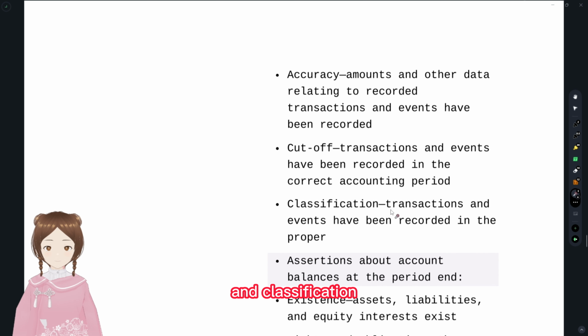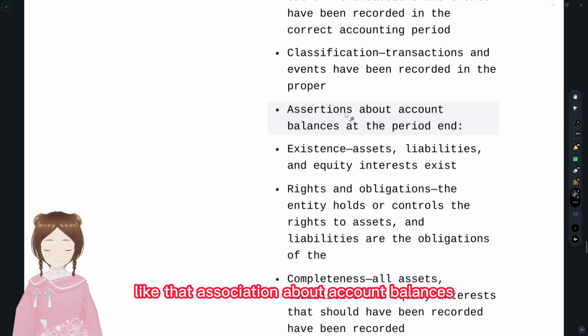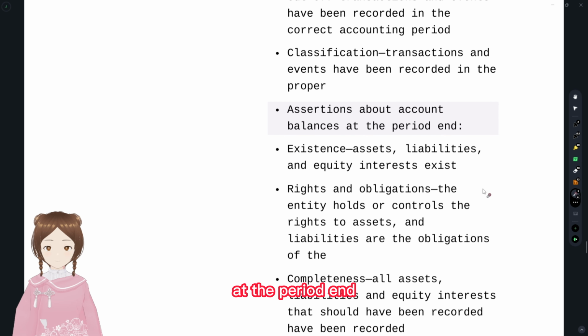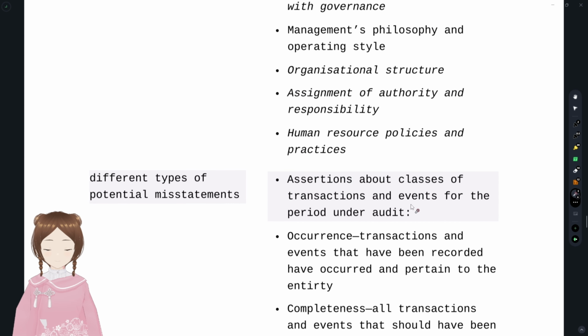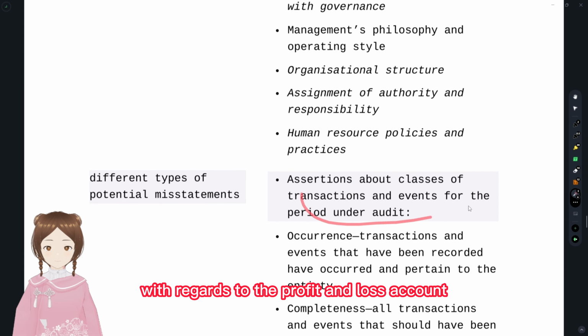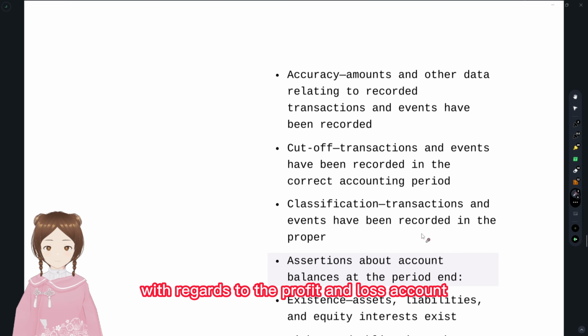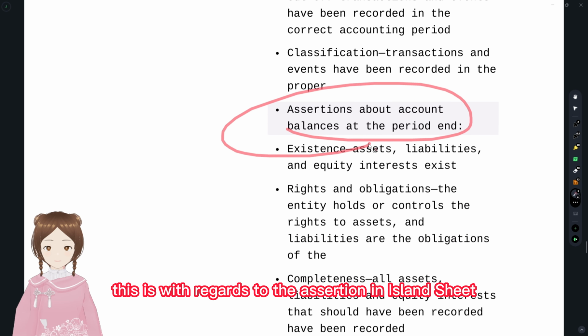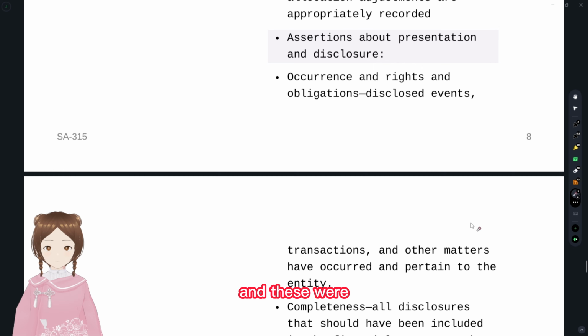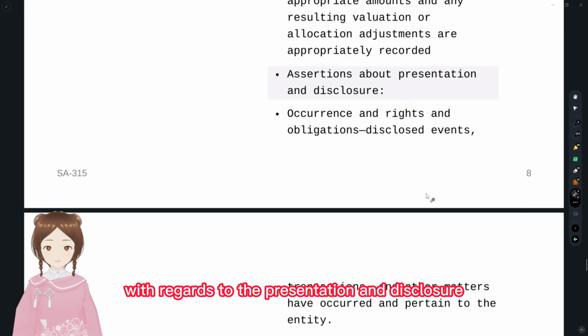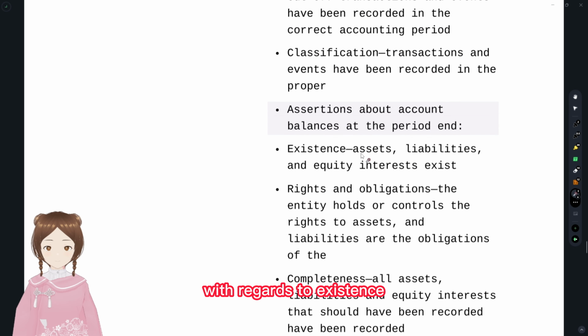And classification. Classification is with regards to classifying under headings like standard, substandard with regards to banks, and current, non-current, like that. Assertions about account balances at the period end. This is with regards to the assertion in the balance sheet, and the others are with regards to presentation and disclosure. With regards to existence, what does the balance sheet consist of?